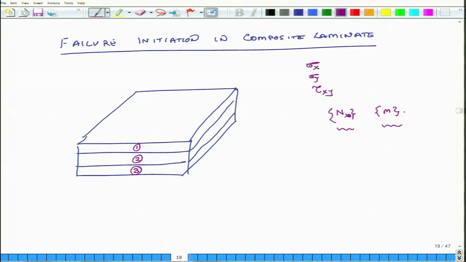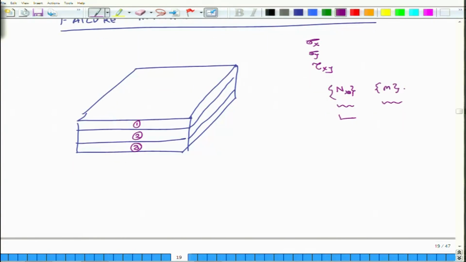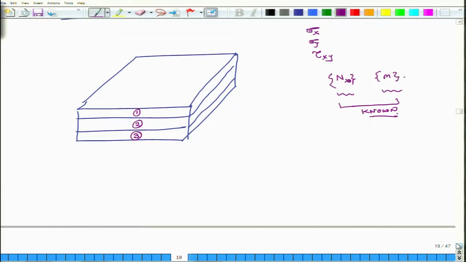If I do not know, then I cannot predict the failure of the composite. So, we assume that this is known.